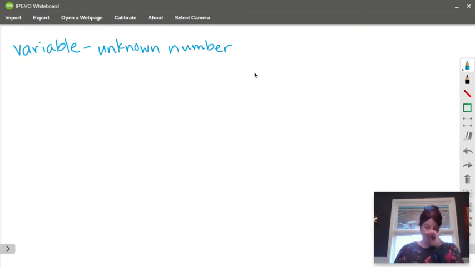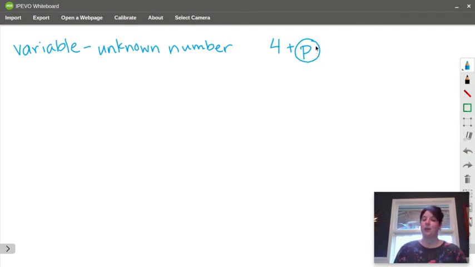Once you start getting into algebra for the GED test, you start seeing letters take the place of numbers or stand in for numbers. These letters in a problem are variables. So if we have 4 plus P, that P is an unknown number. It's a number that we do not know.